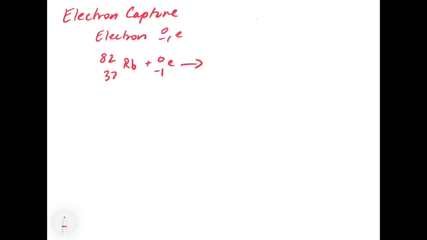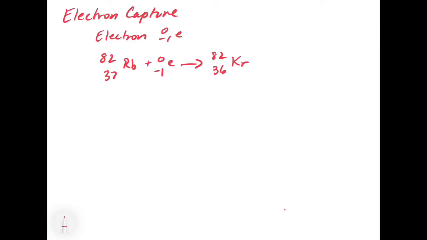If on the left side we have an 82 and a 0, on the right side we're also going to have an 82. Now, if on the left side we have a 37 and a -1, that means that we have to have a 36 on the right side. If you look that up on the periodic table, that's going to be krypton.